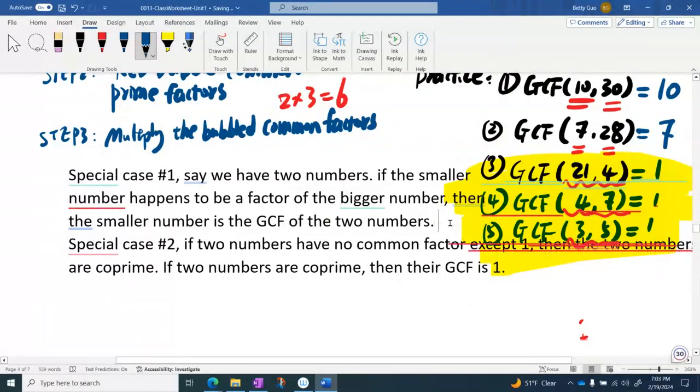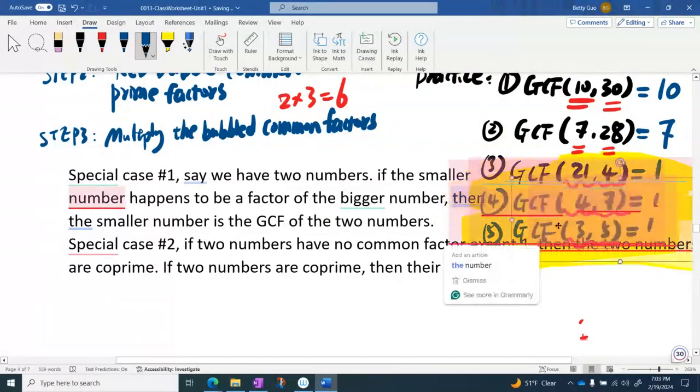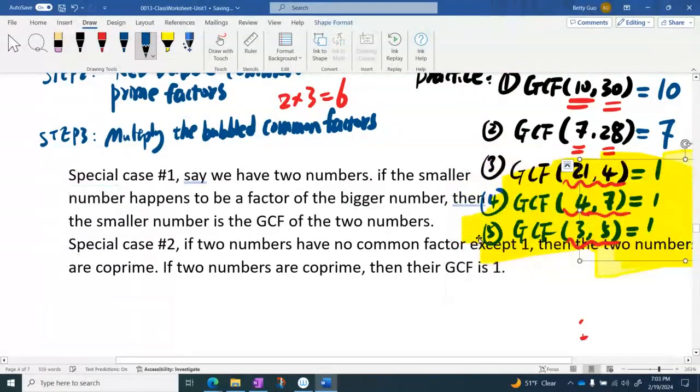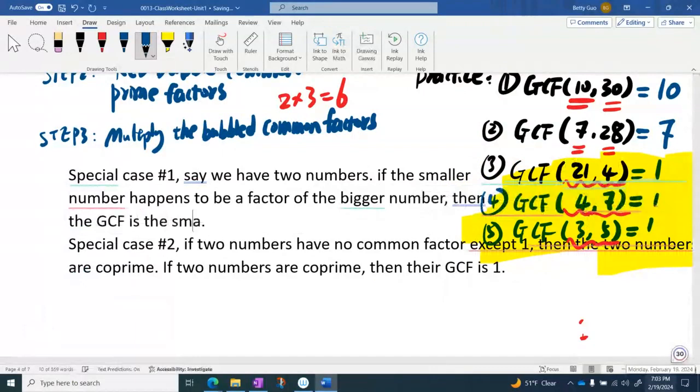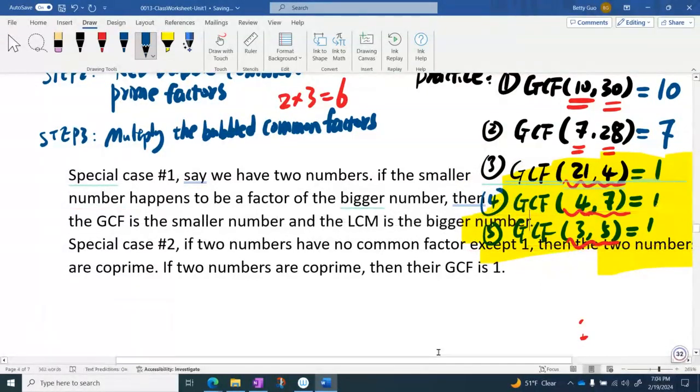Then the GCF is the smaller number and the LCM is the bigger number. Why am I saying that?